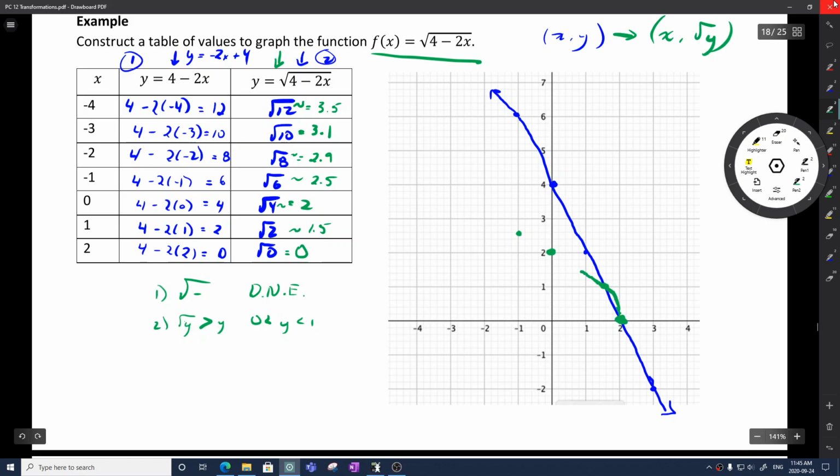And now I connect the dots, and it should have a nice sort of curve to it. And I have just graphed a square root function using some simple ideas, those 5 interesting cases of a square root. Please ask questions. I know this cannot be easy.